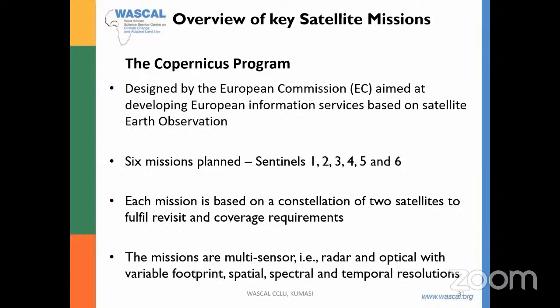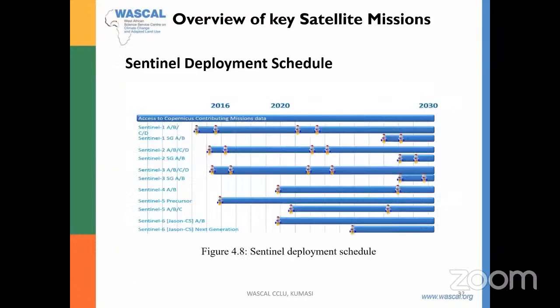Mostly all the Landsat missions are optical, that is passive sensors, but the Sentinel provides us with some active sensors, some radar data sets, which give us footprint in spatial, spectral and also temporal resolution.